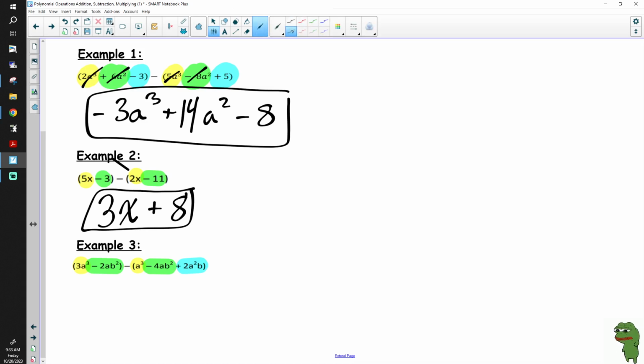Now we just subtract our like terms. 3 minus 1 is 2. Negative 2 minus negative 4 is positive 2ab squared. And the loner gets dropped down.